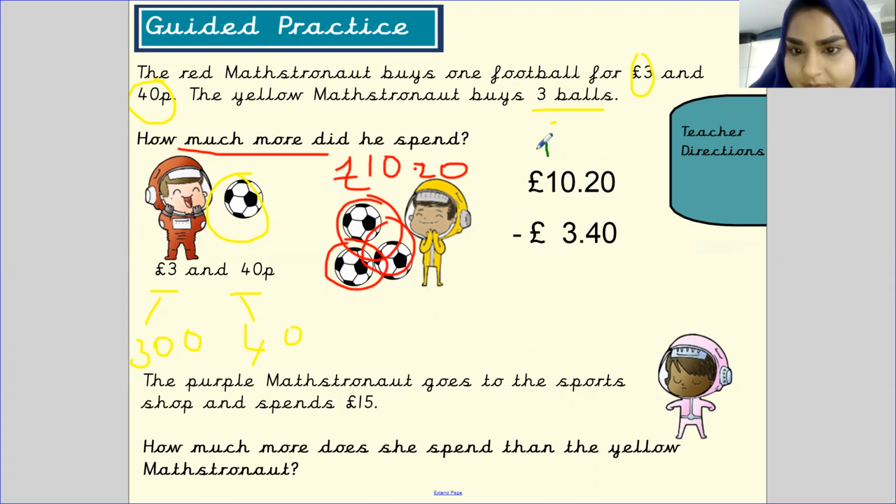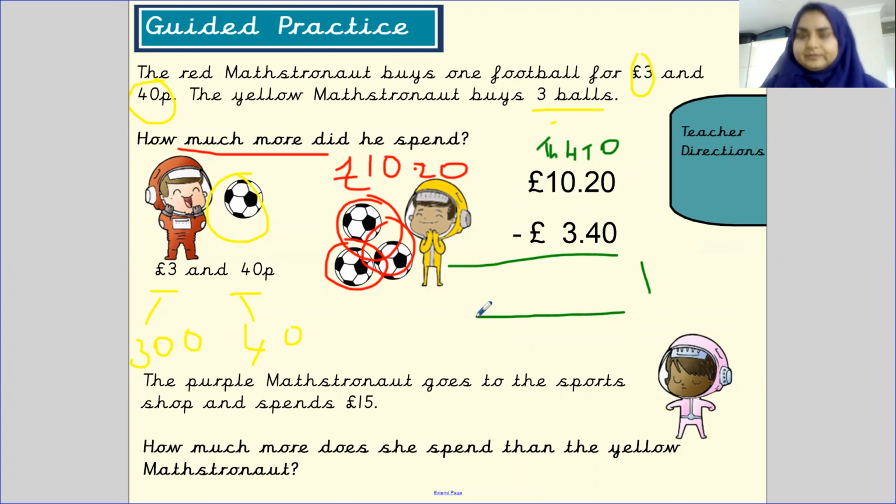So if I remember my place value knowledge, this is what I'm going to do. So 0 take away 0 is 0. Okay. 2 take away 4 I can't do, so I'm going to go to my friend next door.